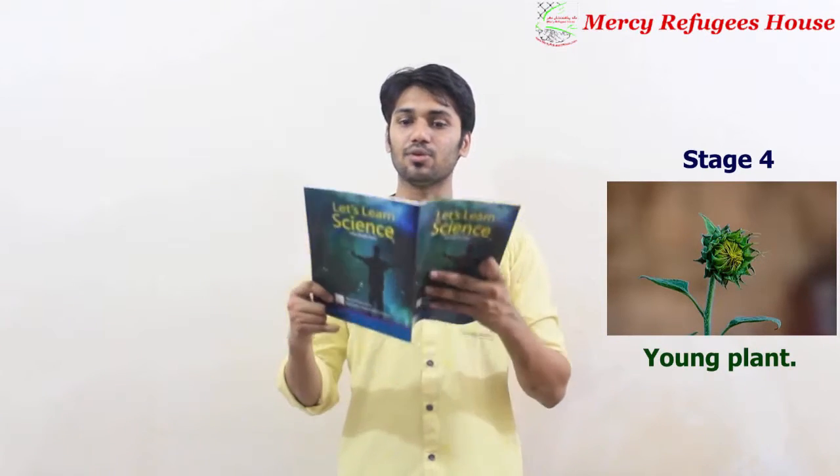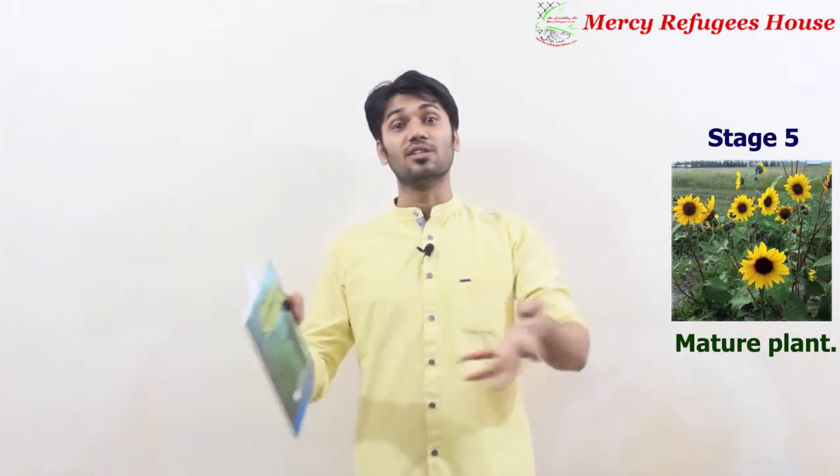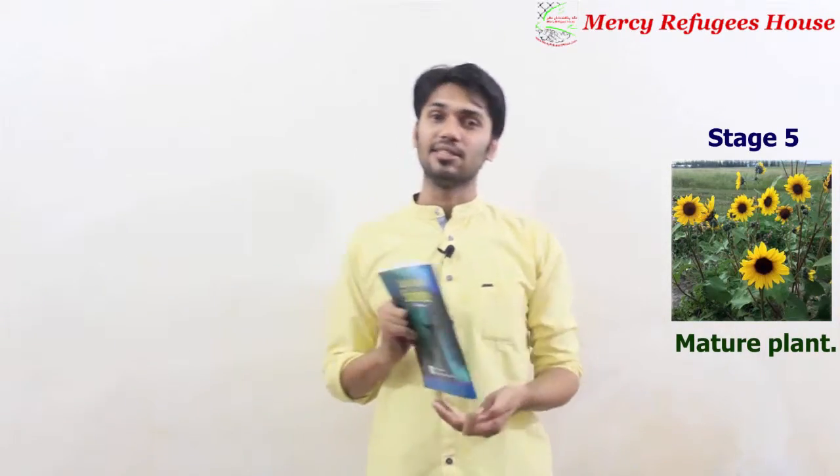Now you speak or tell it in your native language. After that we get the mature plant. The mature plant means we get the flower blooms in this stage. We get the flower and it keeps blooming and the trees are more mature at this stage.